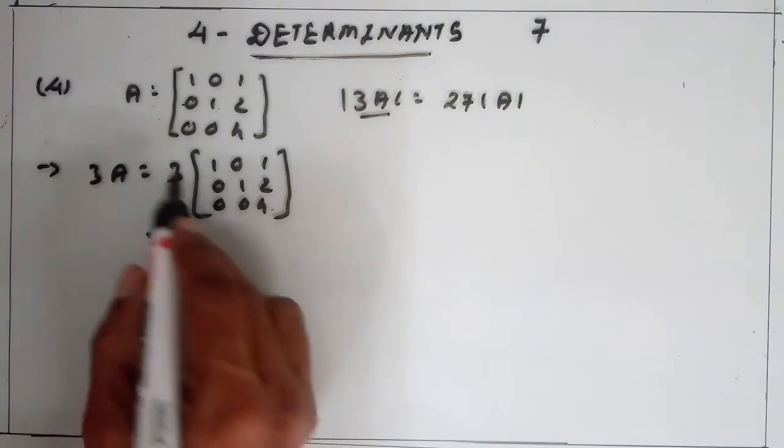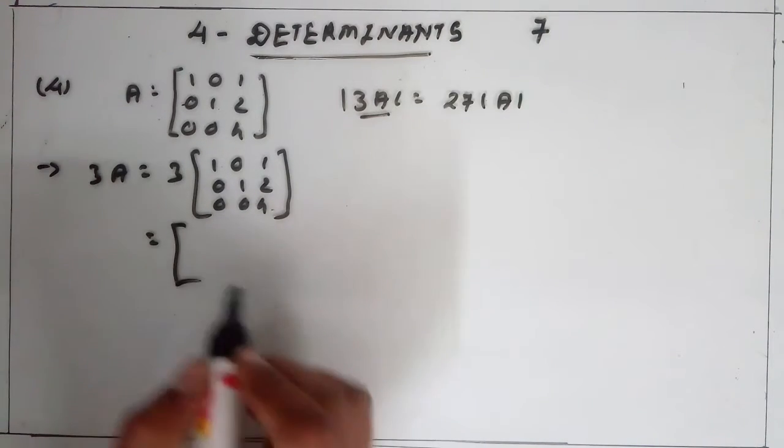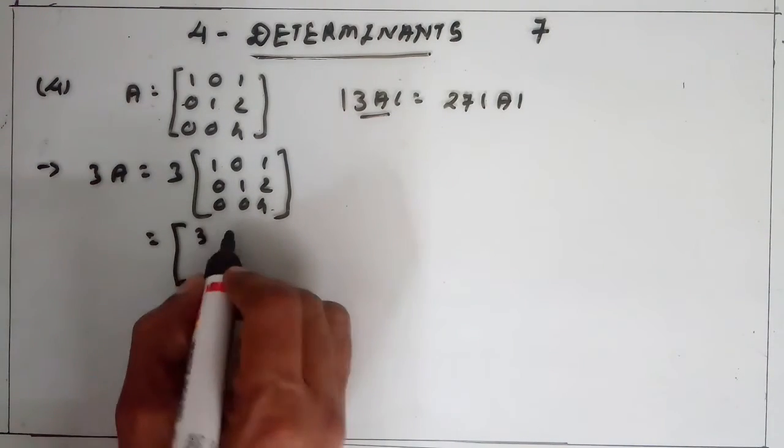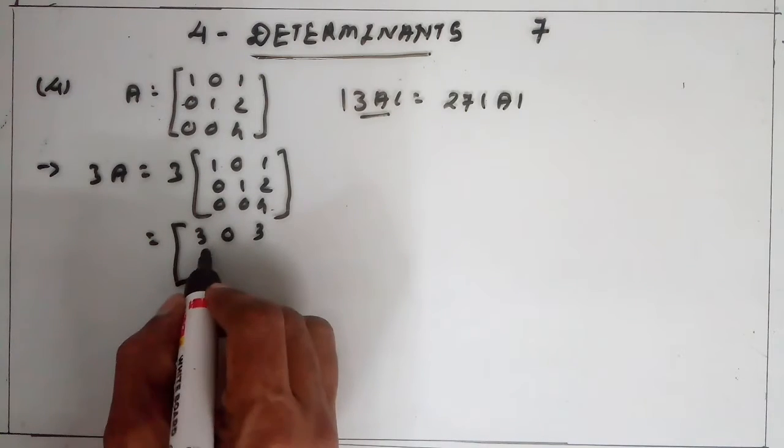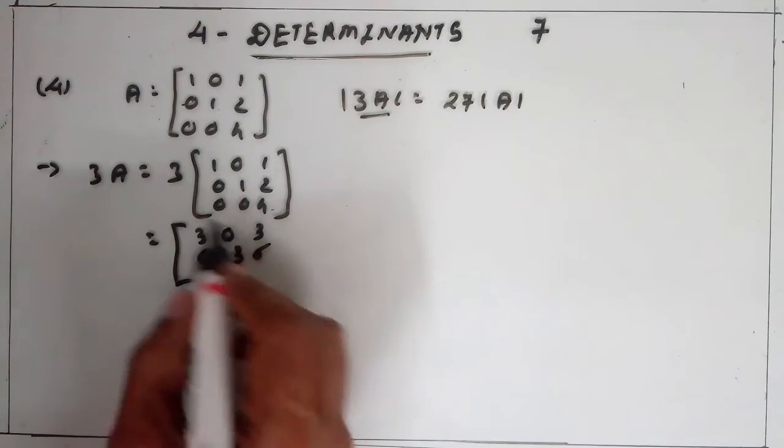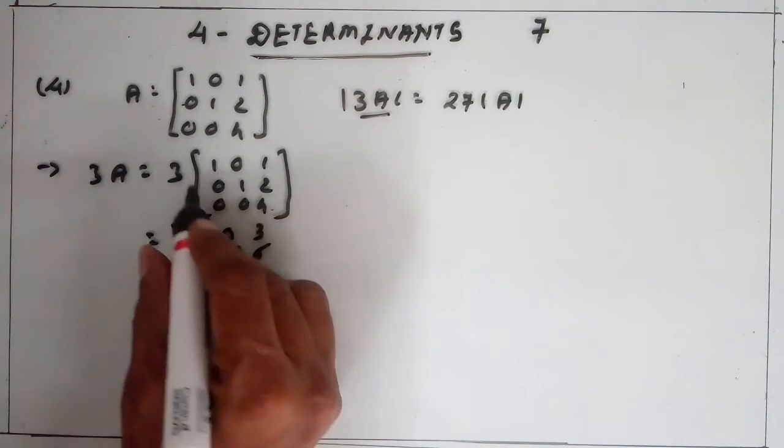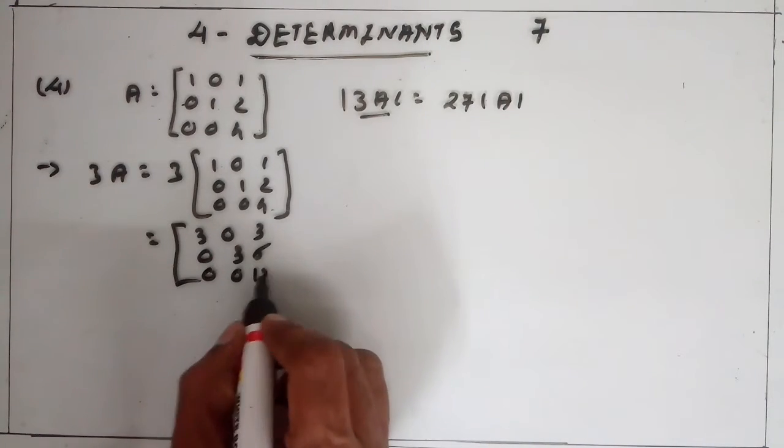So taking 3 inside, we get the matrix 3, 0, 3, 0, 3, 6, 0, 0, 3 into 4 becomes 12.